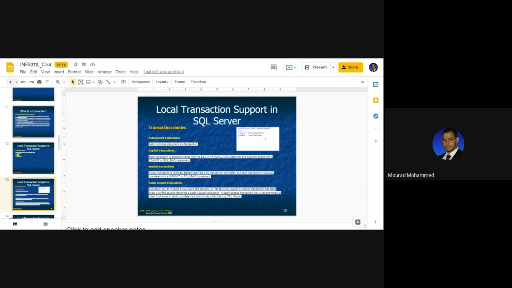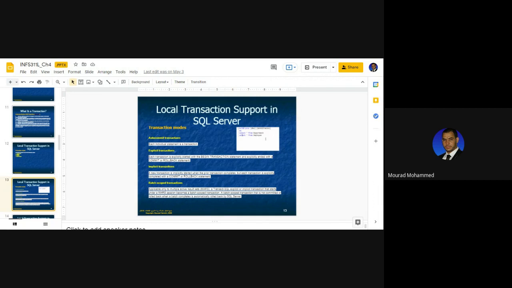Here, in the implicit, there has to be a must to indicate the beginning and the end of the transaction. But in terms of transaction mode, we are talking about the same thing. Manually, we indicate the rollback, and manually we indicate the commit.